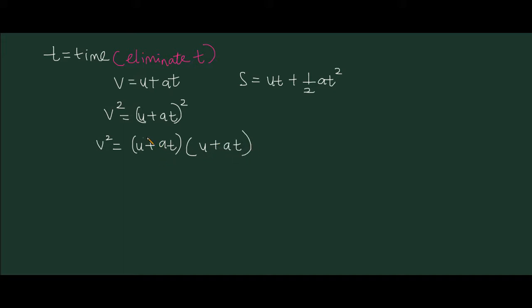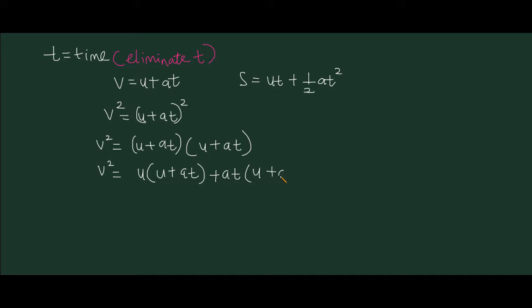In doing this, it is expansion in algebra, and we pick the first term, multiplying the whole of this, and this will be u times (u plus at), and we pick the second term. The second term is plus at, so plus at will be multiplying the whole of this.